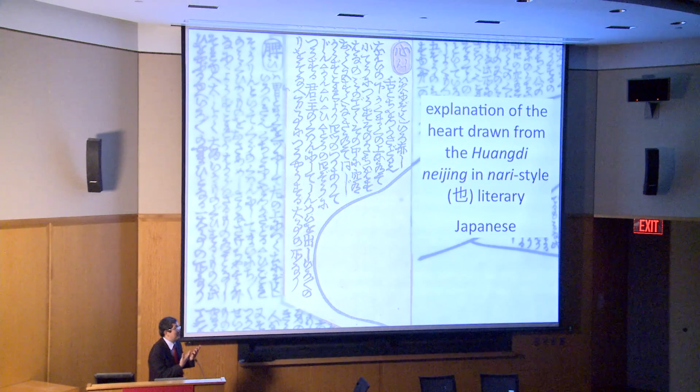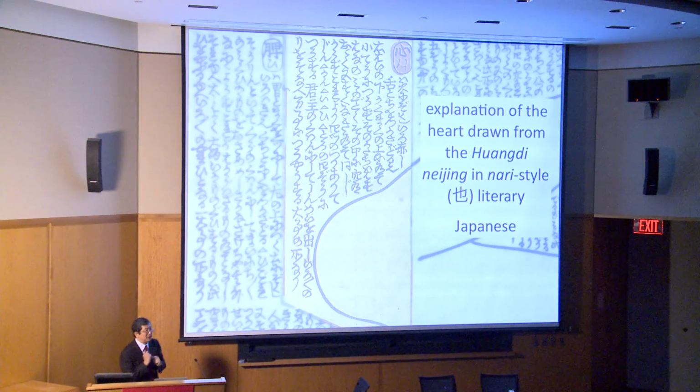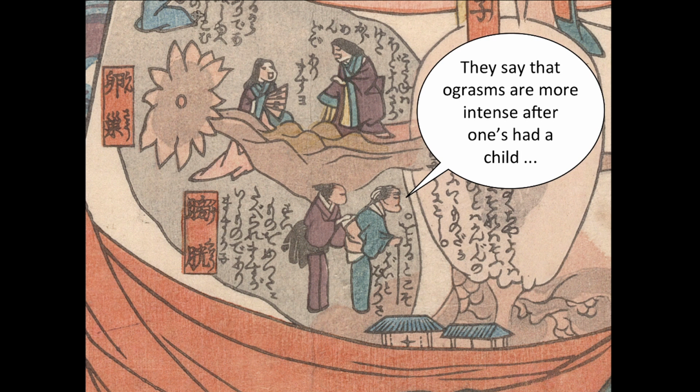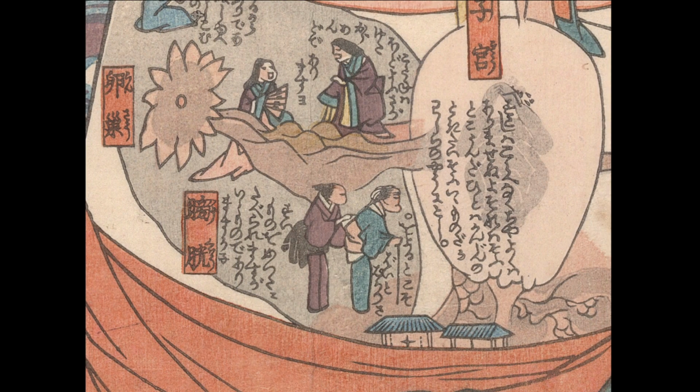So this work is not simply a comic book, a work of comic entertainment. It's designed to convey real information, real science about the body. Similarly, if we look at this section of the female figure, on the one hand, we have all these people chatting and saying amusing things. These two women are having a conversation about orgasms out of childhood, and the other woman says, once you get old.